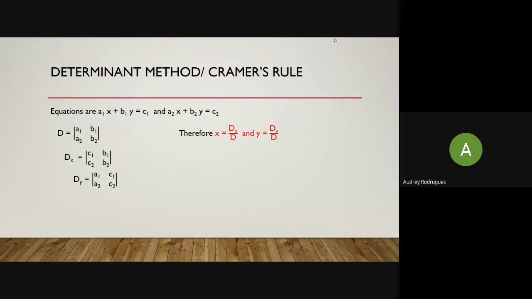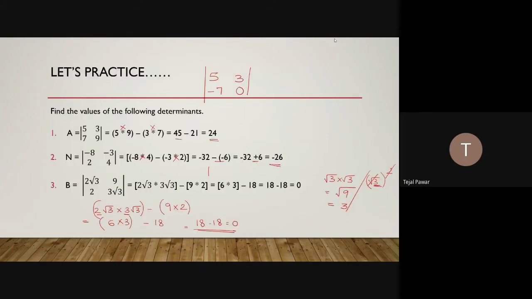Ma'am, 5 3, then what do you tell? The question is there, beta, on the screen. Ma'am, I got the answer. Okay. Now please can you write this important note in the book?